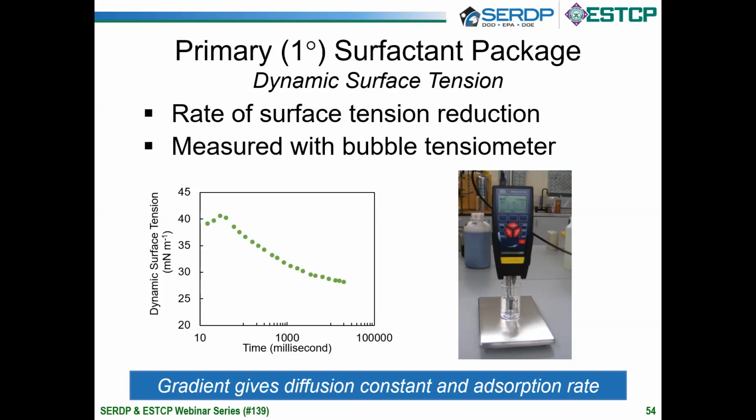And by taking the gradient of that line, which is almost linear, we get d gamma d log T, and that can give us some information about the absorption rate and the diffusion constant and how quickly the surfactants are getting there. So with some quite simple techniques, we're learning how fast the surfactants are getting to the surface and then how much space they're taking up when they get there. And these are all very important things to know.